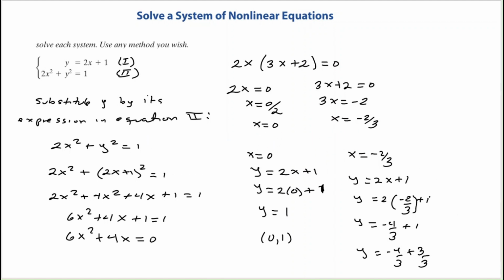We get that y is equal to negative 4 plus 3 over 3. So it's negative 1 over 3. That means that your second solution would be (negative 2 over 3, negative 1 over 3). So in this case, this system has two solutions that are (0, 1) and (negative 2 over 3, negative 1 over 3).